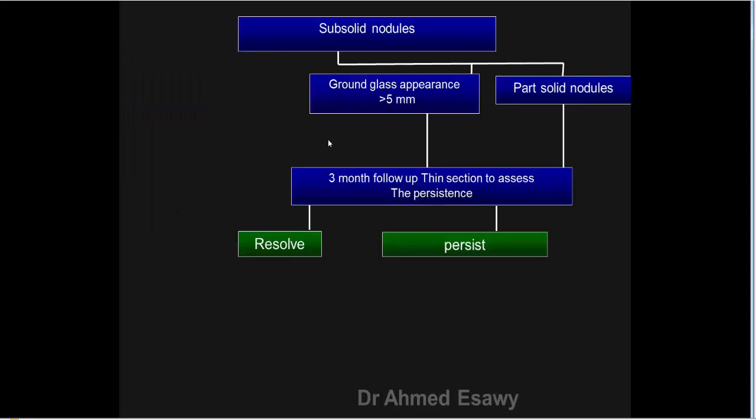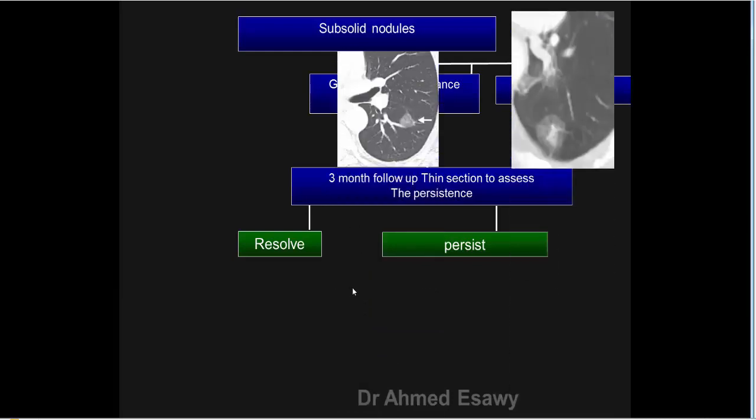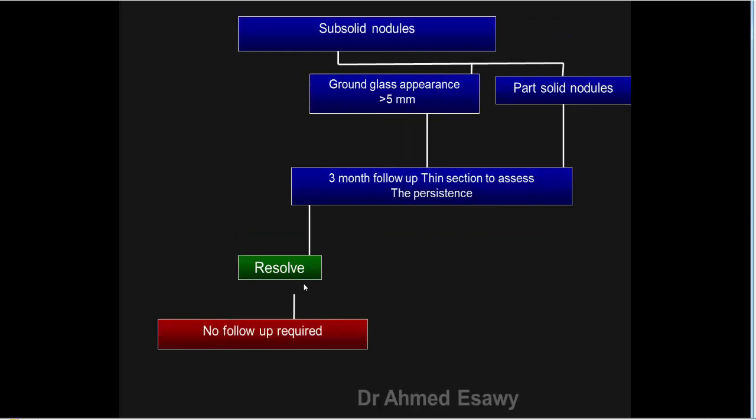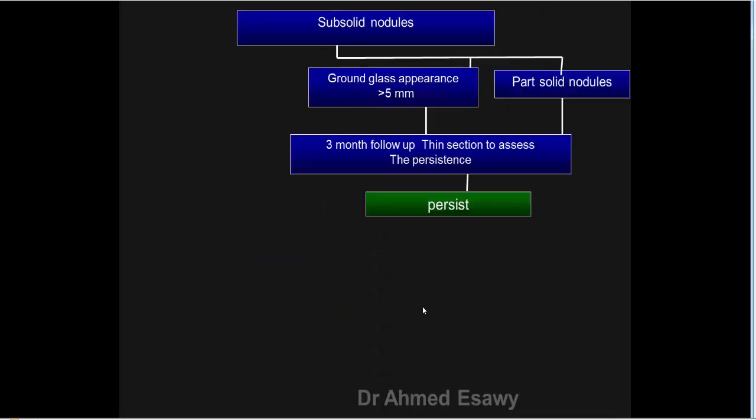Ground glass more than 5 mm: 3 months follow-up CT to assess persistence, either resolve or persist. Partly solid nodules with ground glass attenuation: follow-up at 3 months to assess persistence. If it resolves, no follow-up required; it's infection. If persistent, what do we do?